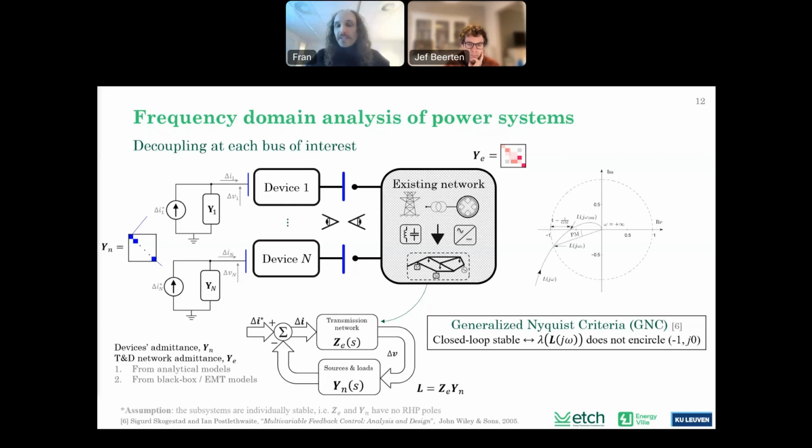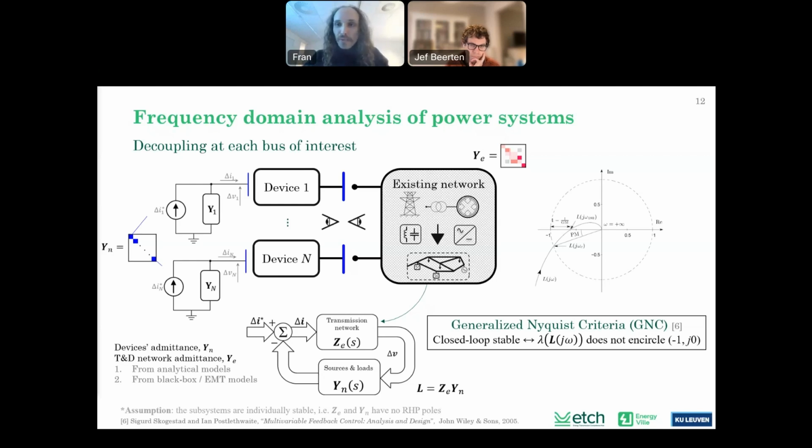Here, the generalization is nothing but the eigenvalues, so the eigenvalues of the product of these open loop matrices. And we just look at the critical point and check whether or not it is encircled. And we can do this easily because these subsystems are individually stable, so they have no right half plane poles, and therefore it's a very simplified way of assessing the stability.